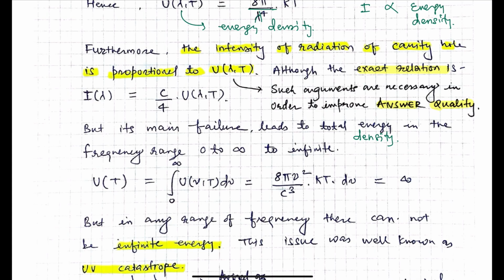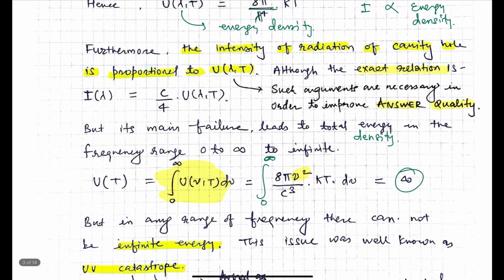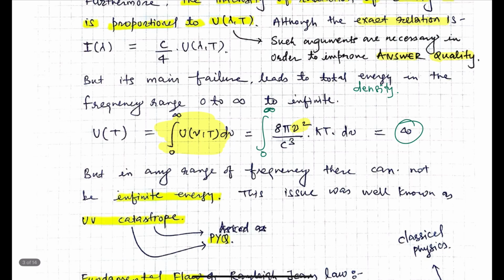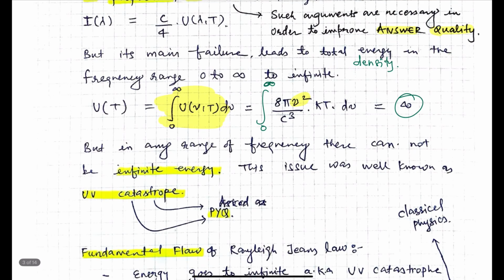Okay. So what you do, you just integrate it, and if you are integrating the frequency square with respect to frequency itself, then we know that in the range 0 to infinity it is going to be infinity itself. And this is what we call ultraviolet catastrophe. So the argument goes as follows.